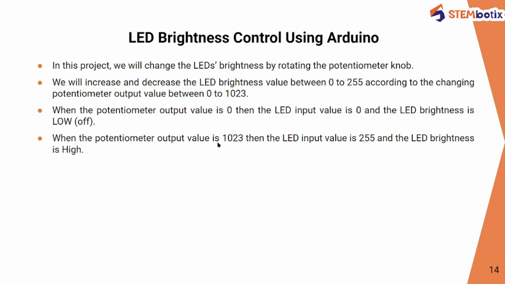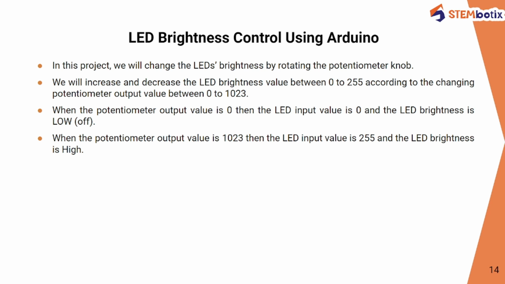When the potentiometer output value is 0, means at the 0 point your LED will also be at its 0 value, which will give you the result as LED in its low mode, or you can say in off condition.